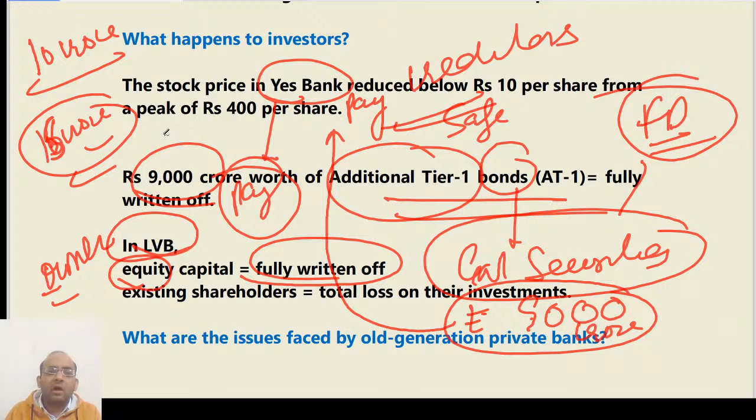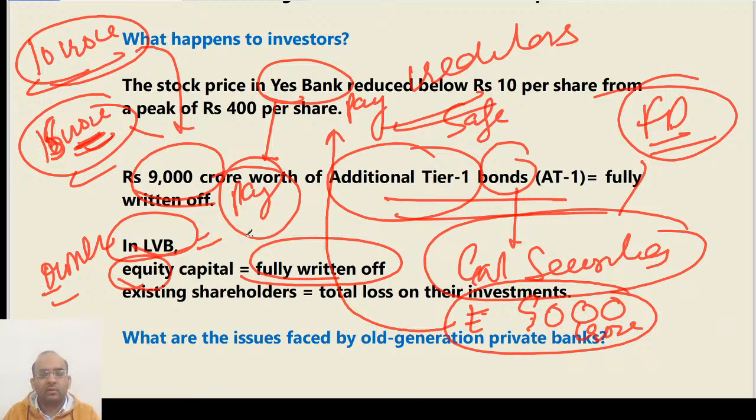So now it has to pay its creditors 15 crore rupees. So from where does it pay the 15 crore? From the 10 crore, that is the owner's money. Now owners have lost all their money. They cannot claim that they should be given any money for Lakshmi Vilas Bank.